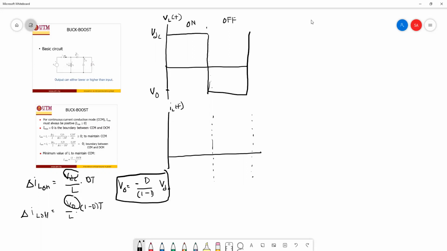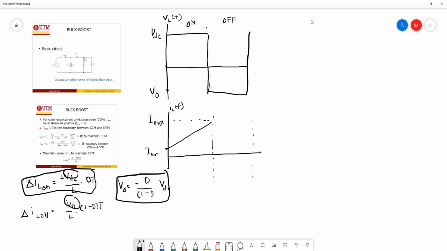During the turn on, the voltage is positive, meaning the current will ramp from a minimum to a maximum value. This one we call I min, and this one we call I max.